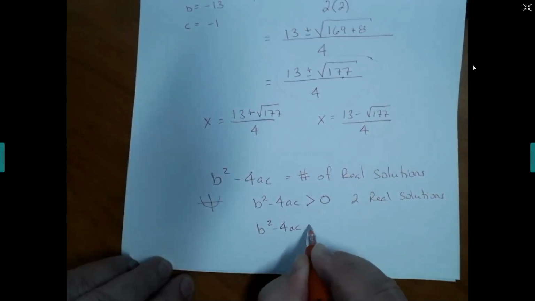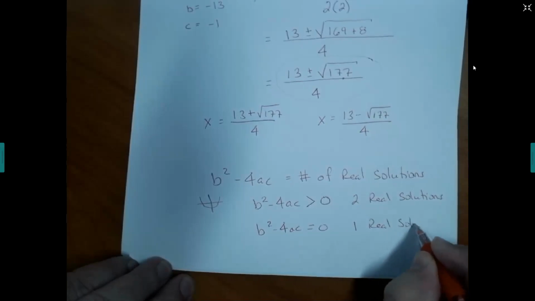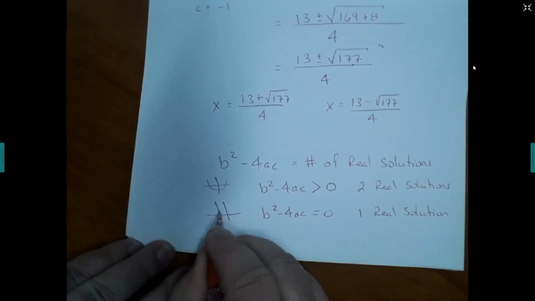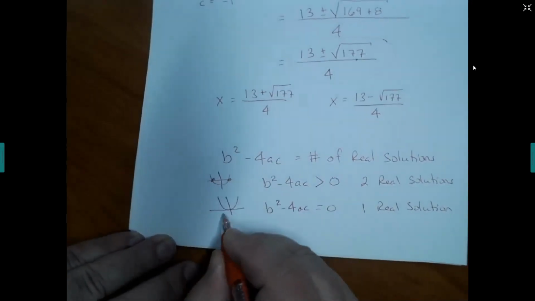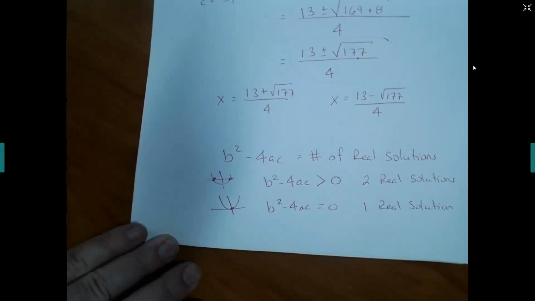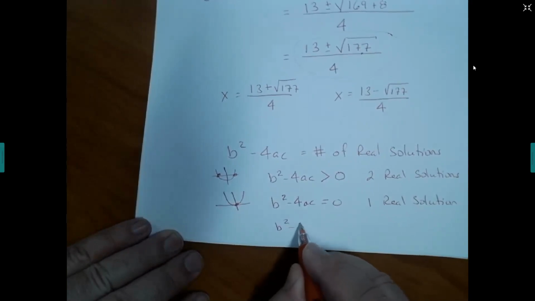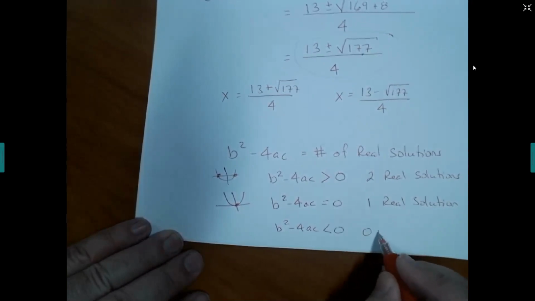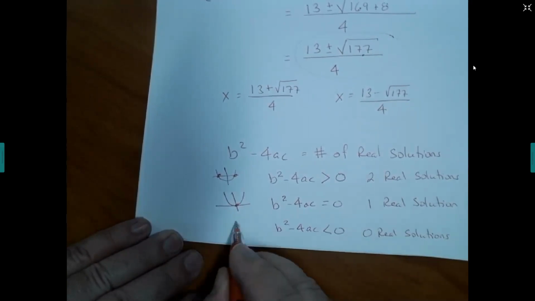If it's equal to 0, we're only going to have one real solution. It'll look like this. And if it's less than 0, we're going to have no real solutions.